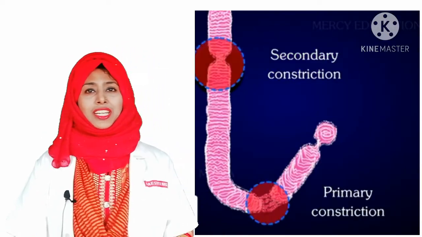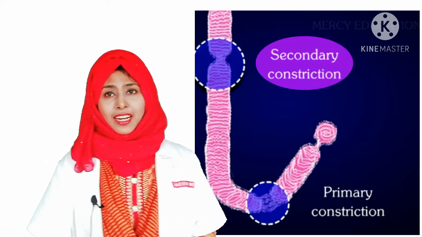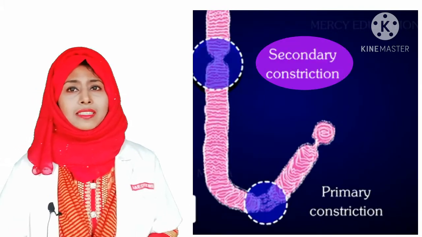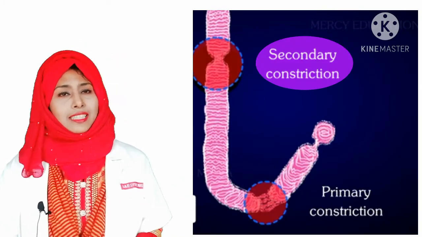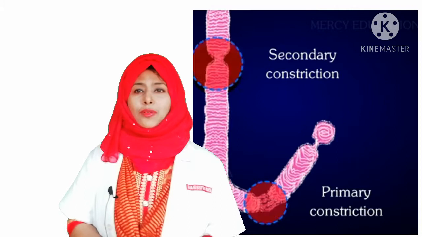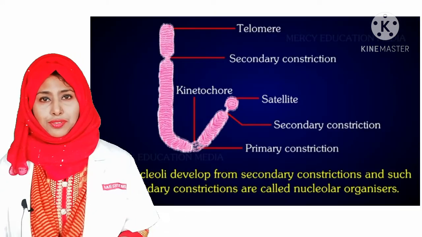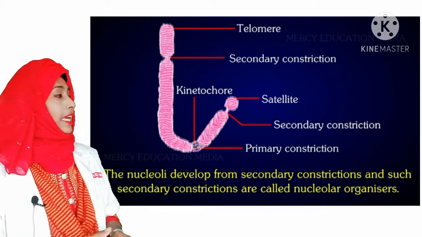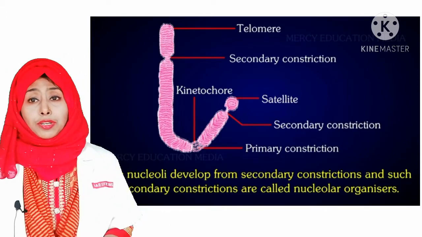Secondary constriction. Besides the centromere, one or more constricted colorless parts are found in some chromosomes. This part is known as the secondary constriction. In some cases, secondary constriction takes part in organizing the nucleolus.